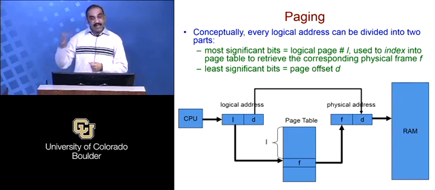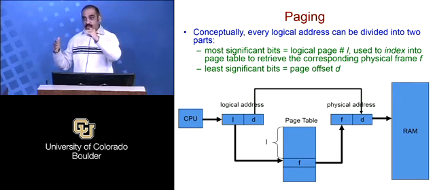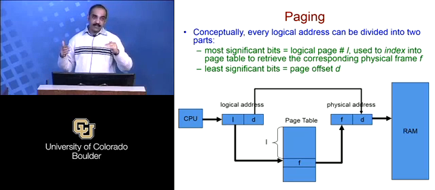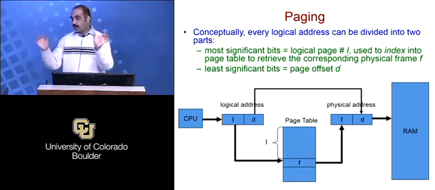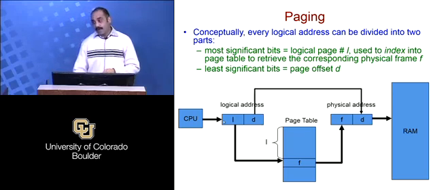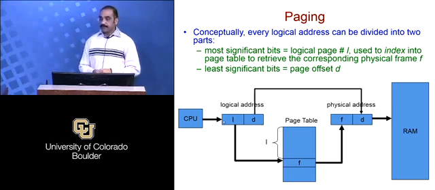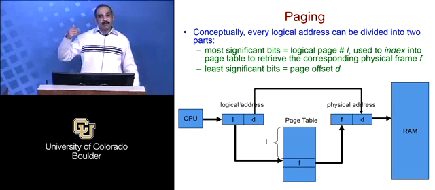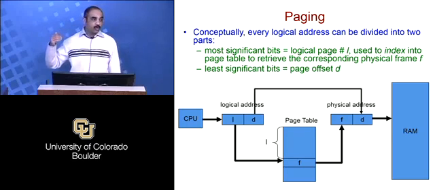Second, once you find the page, figure out the offset within the page for that logical address. So you have to figure out the page number and the offset. Yes, these page tables are part of the process descriptor. That's correct.